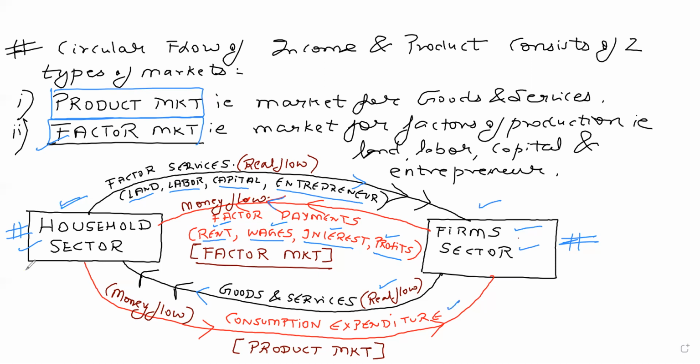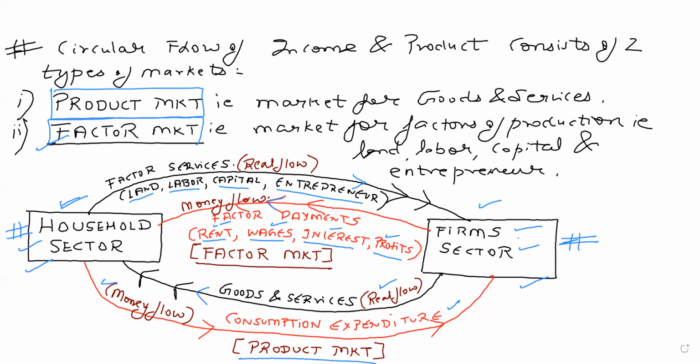This goes from the households to the firms. It involves money because the households will make the payment in dollars or in any other currency. So this is called the money flow. And together they make the product market. So this diagram is called the circular flow of income and product in a two-sector economy.